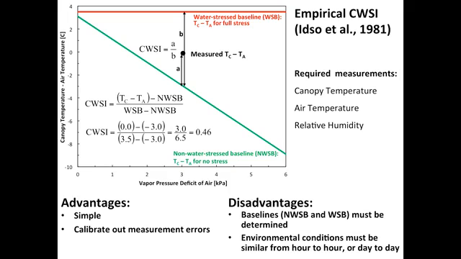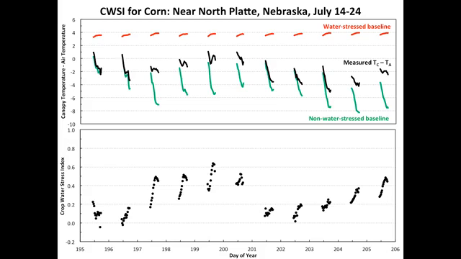Wind speed, radiation, air temperature, all of these variables will impact the canopy to air temperature difference. So if we have significantly different wind speed from 1 day to the next, or a significantly different radiation environment from 1 day to the next, this won't be accounted for in our baselines. It makes the empirical crop water stress index error prone.